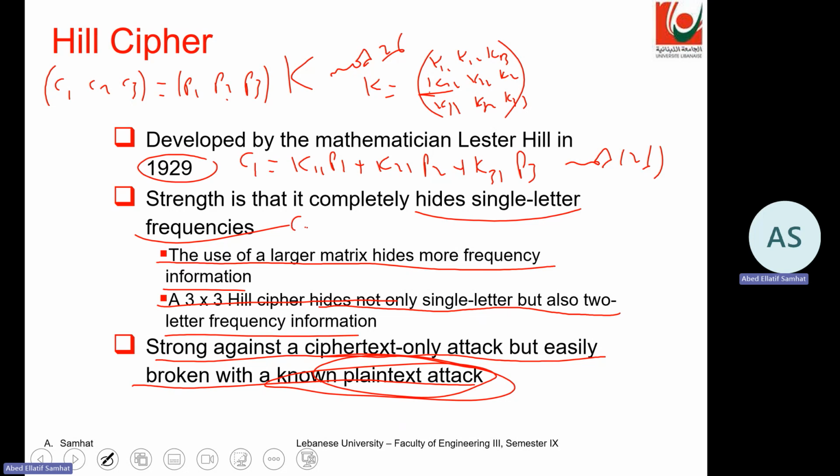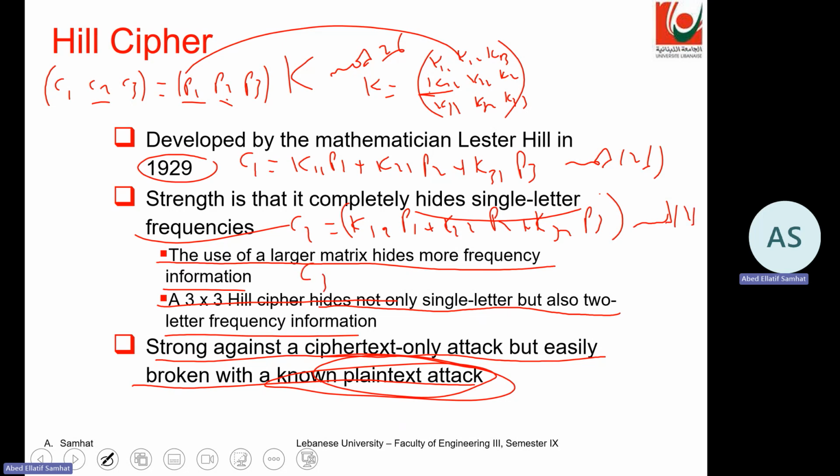If I want to find C2, C2 is equal to K12 P1 plus K22 P2 plus K32 P3 mod 26.